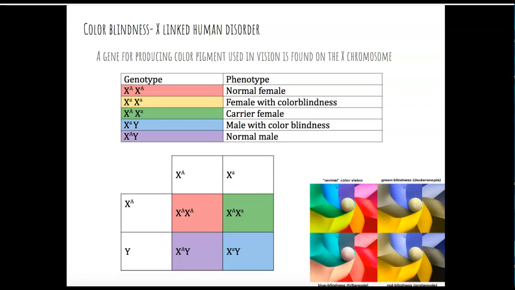So in males, X-linked disorders are inherited from the mother, not from the father. Male children receive their Y chromosome from their dad and their X chromosome from their mom. So any X-linked human disorders in a male are inherited from the mother only, because the mother is always contributing an X chromosome to the child.